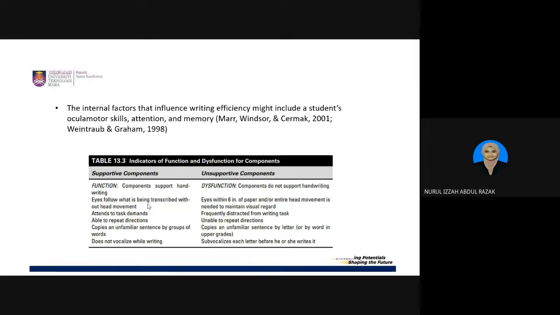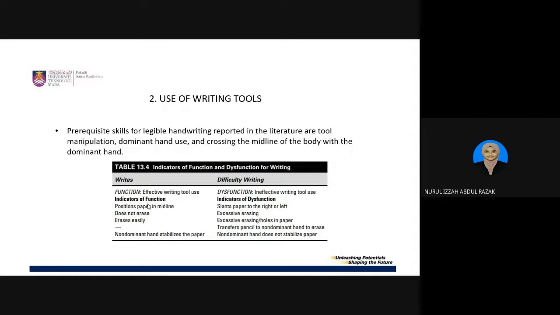The child is able to copy a familiar sentence by group of words and does not vocalize while writing. The unsupportive components include eyes within 6 inches of the paper or entire head movement needed to maintain visual regard. He is frequently distracted, unable to repeat direction, and copies unfamiliar sentences by letter or by word in upper grades. And the kid might vocalize each letter before he writes it.